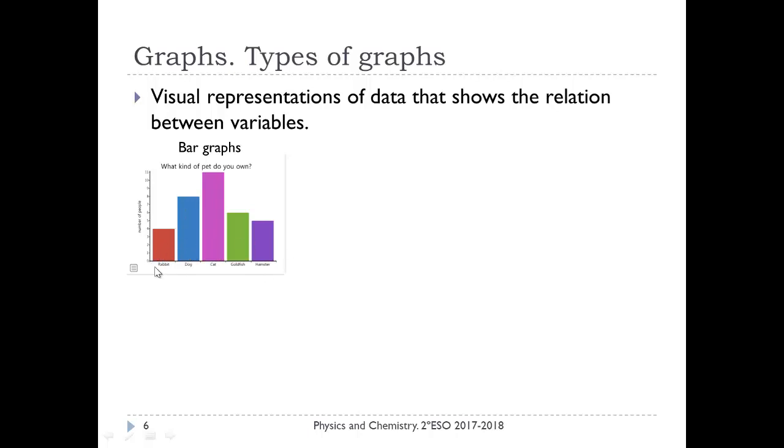They're rectangles with the same base, and their height is the dependent variable. For example, here for rabbit, the dependent variable would be 4, and that's where the height gets to. Then we have the pie charts, which are a complete circle of 360 degrees or 2 pi radians, and each sector is labeled with a color, a percentage, or even text. Here we've got this legend and some colors, and they show us the percentage for a clear view.